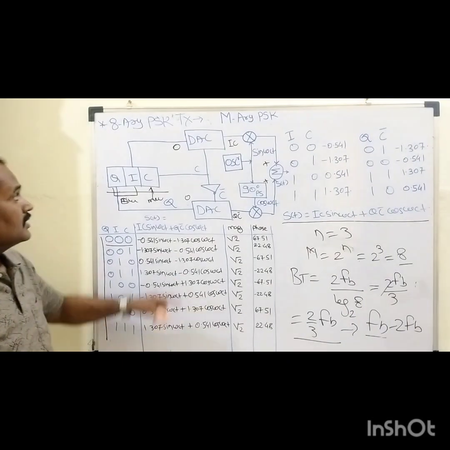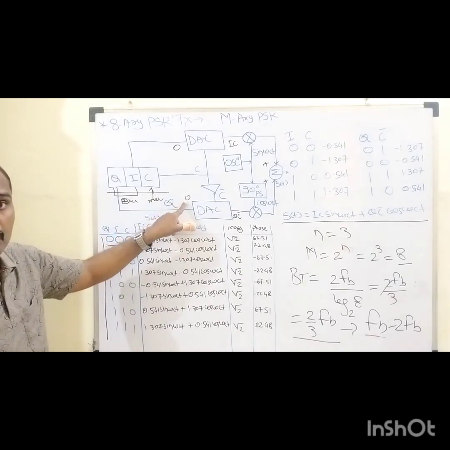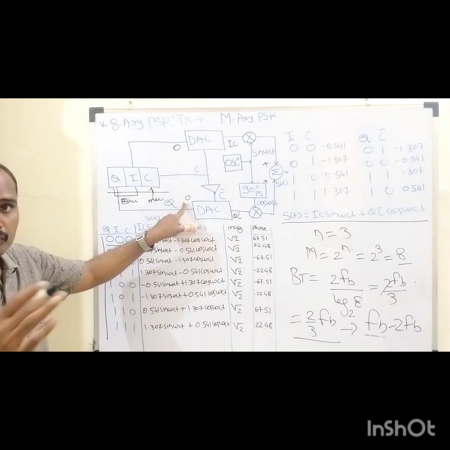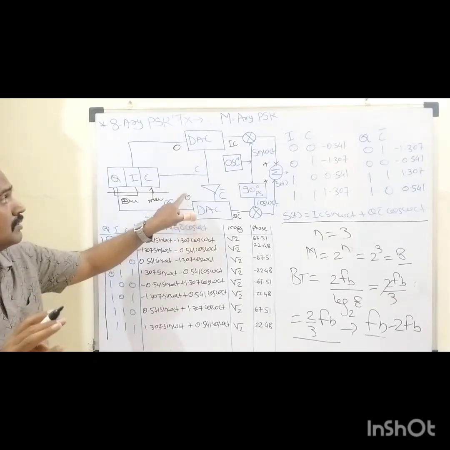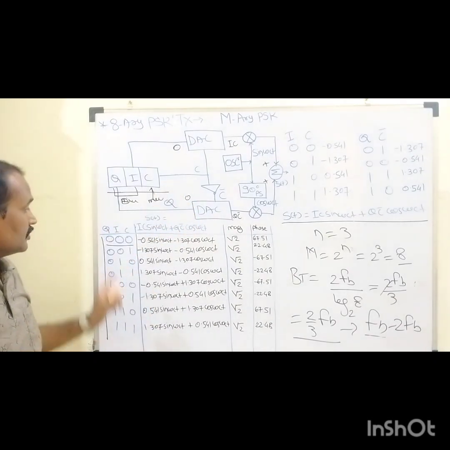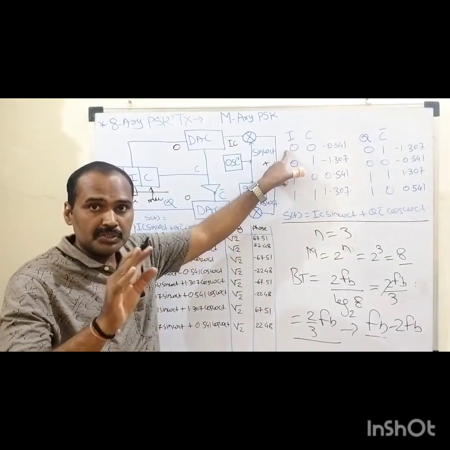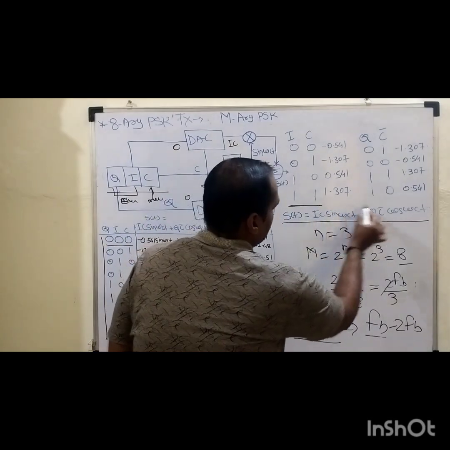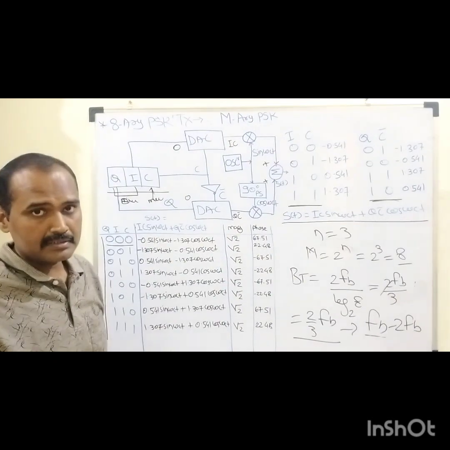So here, as I told you earlier, I equals 0 and C is also equal to 0. So which desired value is assigned by the 2 to 4 level signal converter for I equals 0 and C equals 0? For that purpose we need to look at these two assigned tables, right?